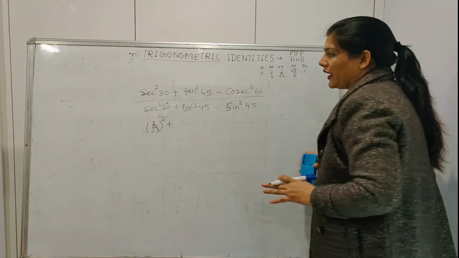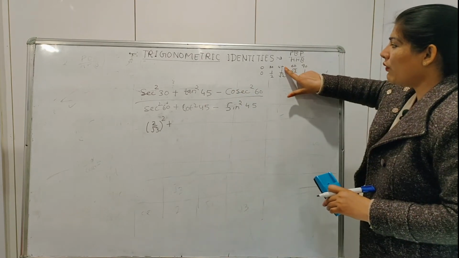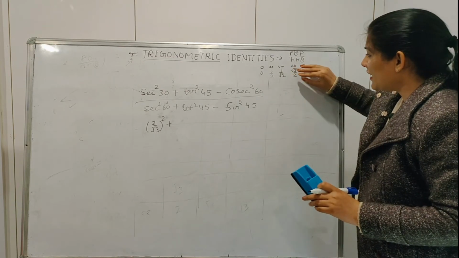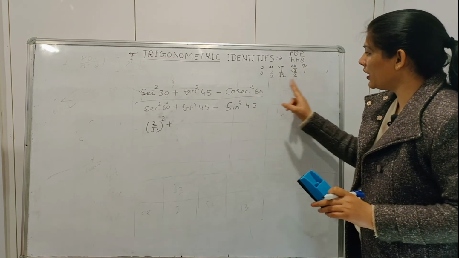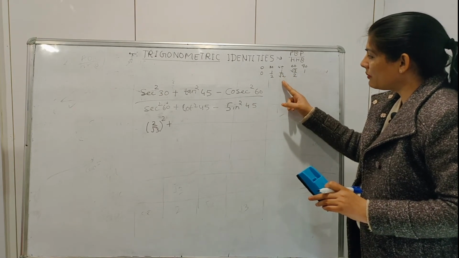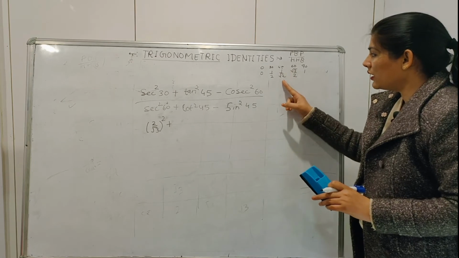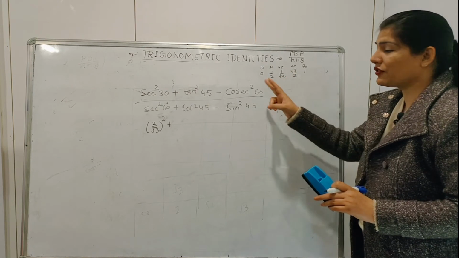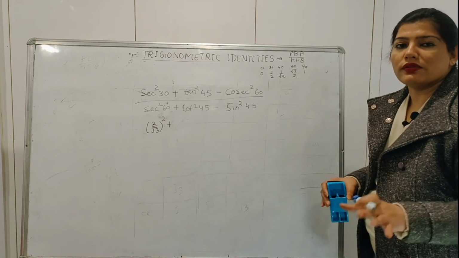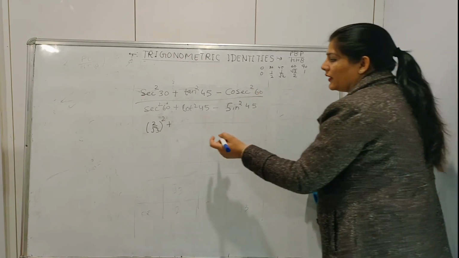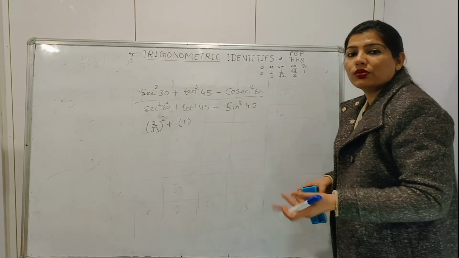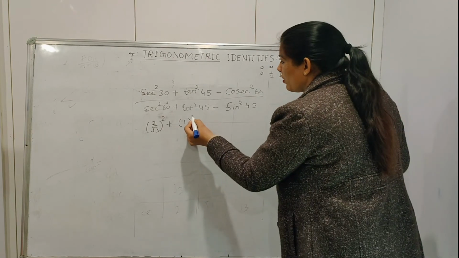Tan 45: the value of sine 45 is 1 upon root 2, and if you write this from here to here, 1 upon root 2 will come under cos 45, and that gives you the value of cos. Then you have to divide sine by cos, which is tan. So tan 45 is equal to 1, because 1 upon root 2 divided by 1 upon root 2 is equal to 1.